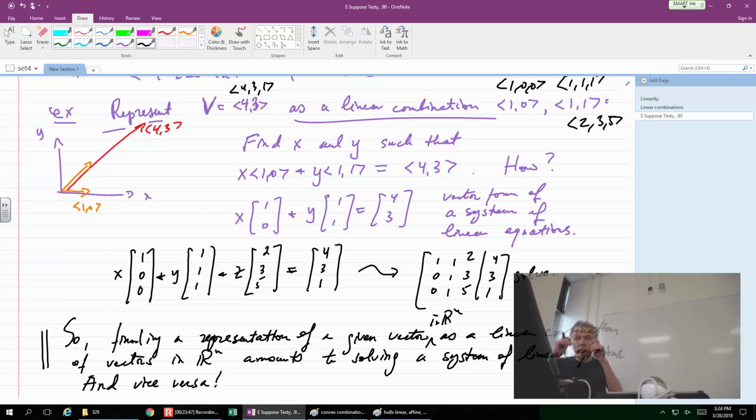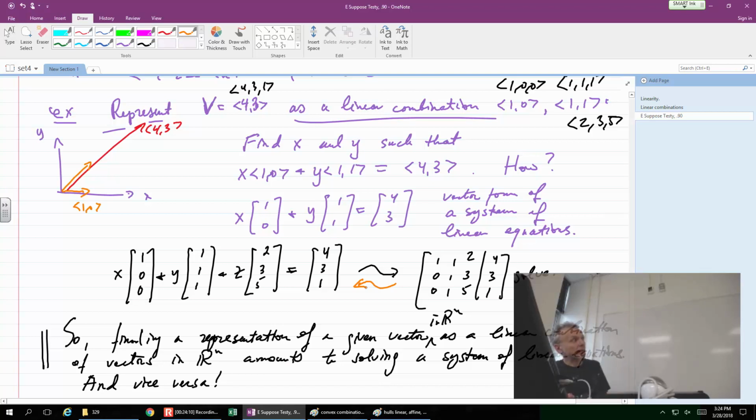So look at what we have right there. I could go backwards like this. Solving that system of linear equations on the right amounts to finding x, y, and z, and those are simply the coefficients of a linear combination. So the right-hand side, the 4, 3, 1 vector on the right, so forget about what's above, just look at what we have here, and we're going from right to left.